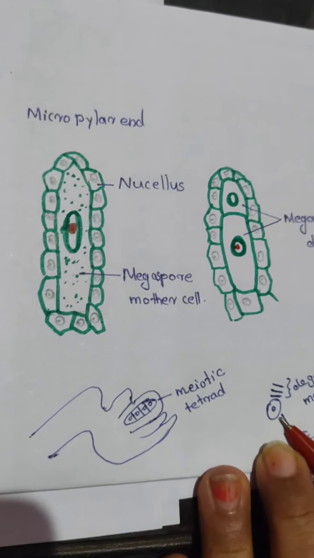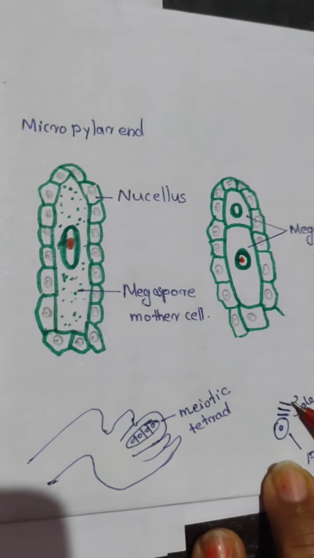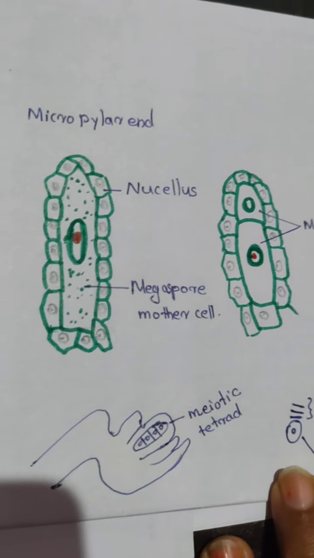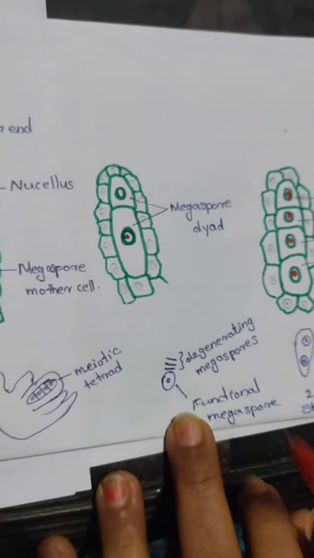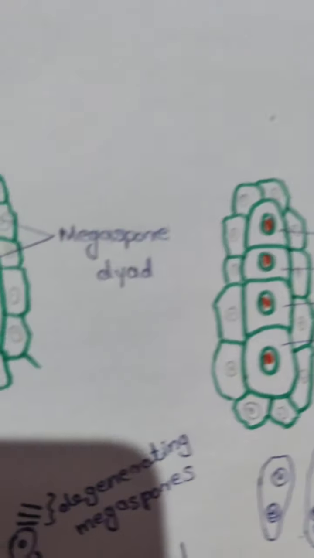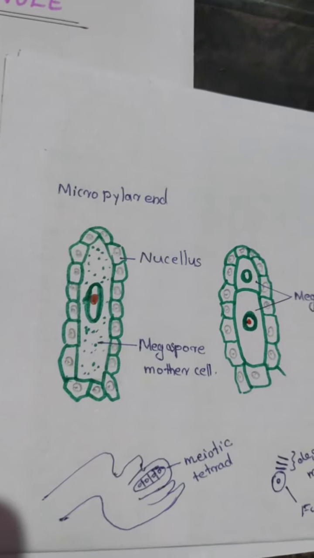It is the functional megaspore. The other 3 are degenerating megaspores. The functional megaspore develops into the female gametophyte, that is the embryo sac. The embryo sac formation from a single megaspore is called monosporic development.